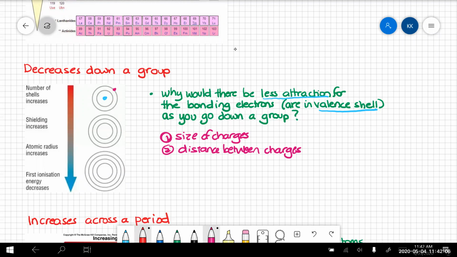Now, the main difference as we go down a group is that every time you go down to the next atom, there's an extra electron shell. So the valence electrons are getting further and further away. And this has a huge effect. Particularly, we have inner shells, which provide what's called a shielding effect.